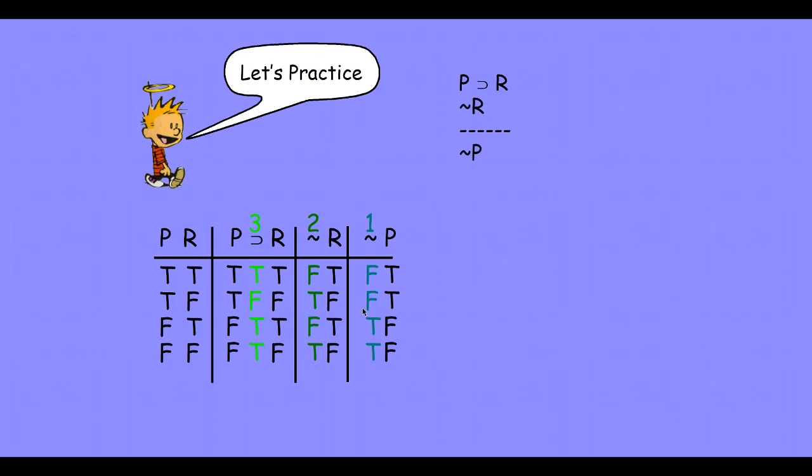We're looking under that tilde here. Here are our two rows. Row 1, conditional is true, tilde R is false. Row 2, conditional is false, tilde R is true. So there are no rows where the conclusion is false and both of the premises are true. So this argument is valid.